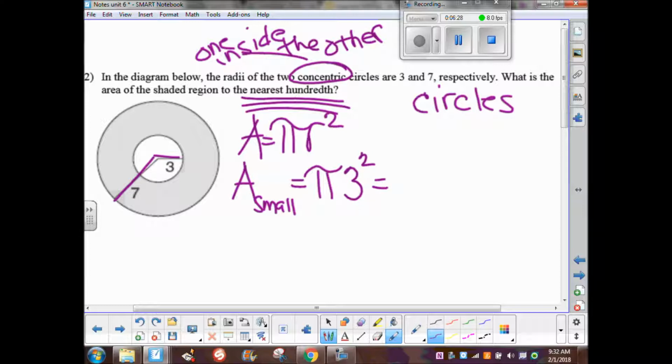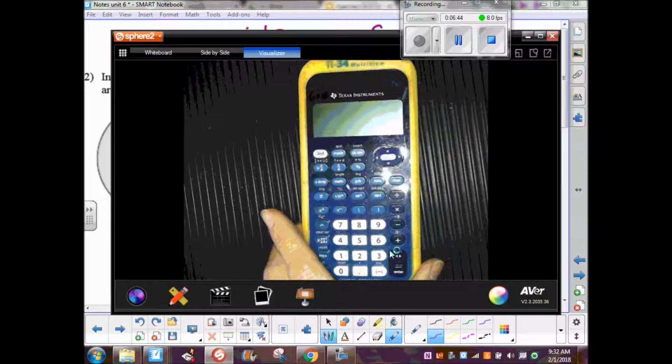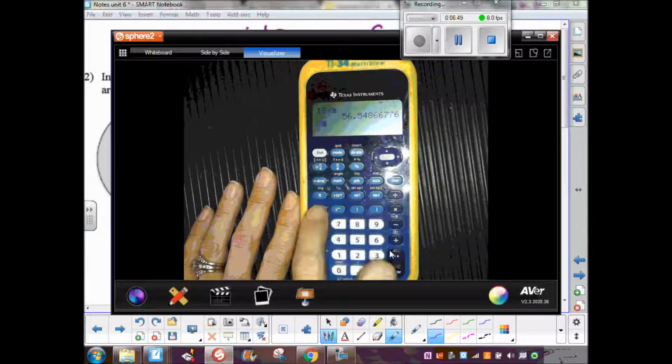So now, because this is nearest 100, you want to go to your calculator and use the pi key. So I'm going to say 3 squared and then pi and hit enter.